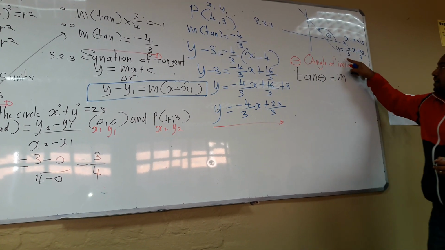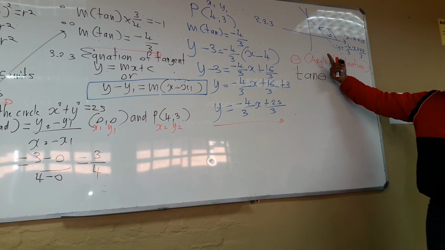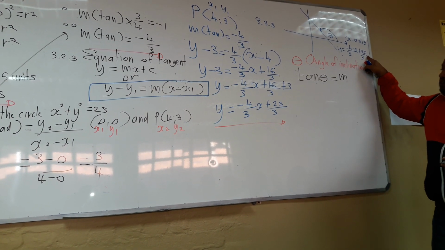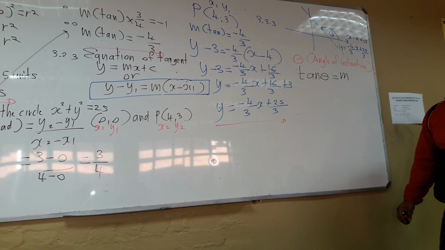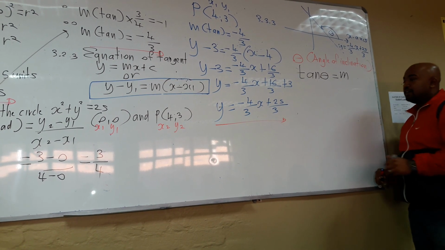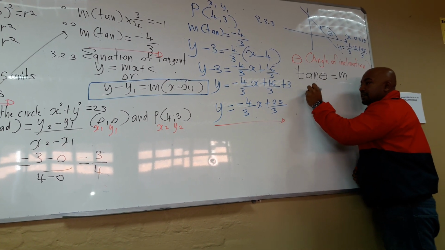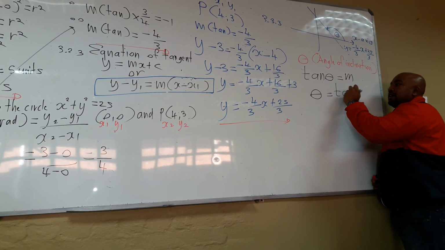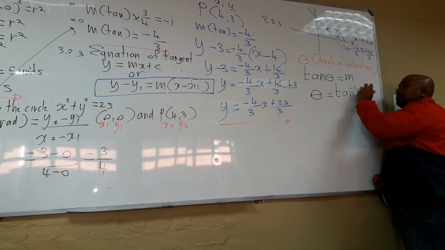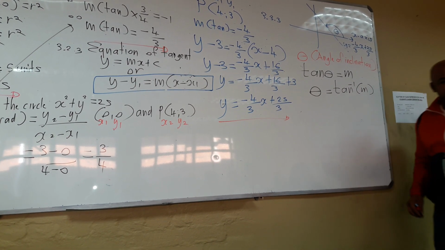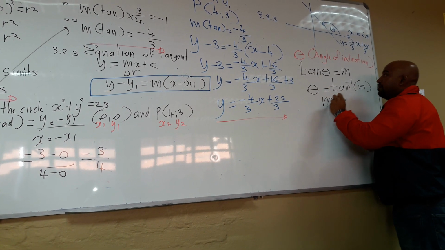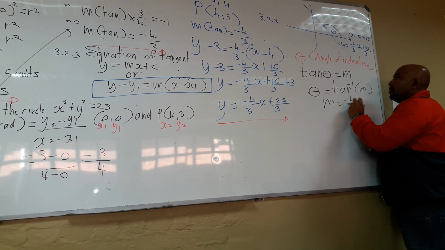There is the straight line here. The straight line is the tangent. y is equal to mx plus c there. Can you see that? So what is m here? Minus 4 over 3. We need to find out what is theta. So theta is equal to inverse tan of m. You follow?